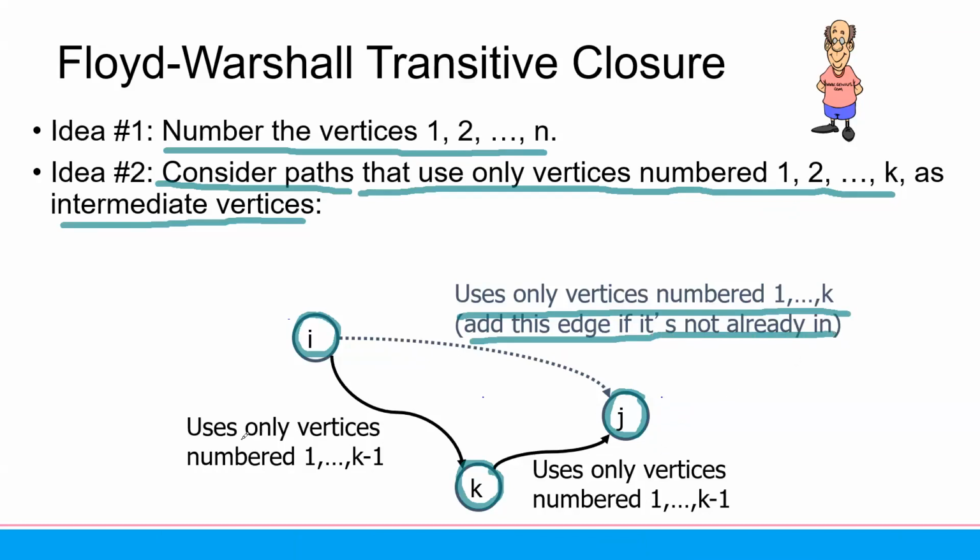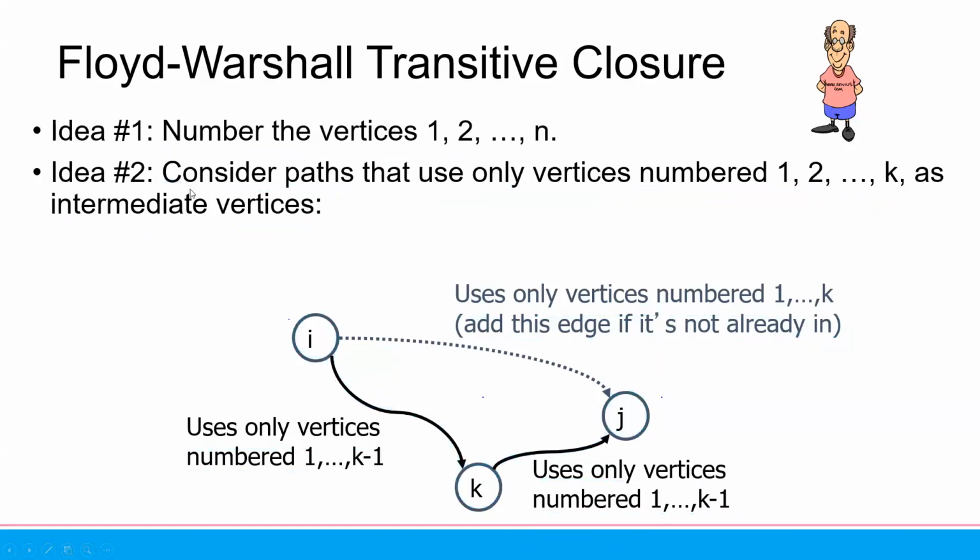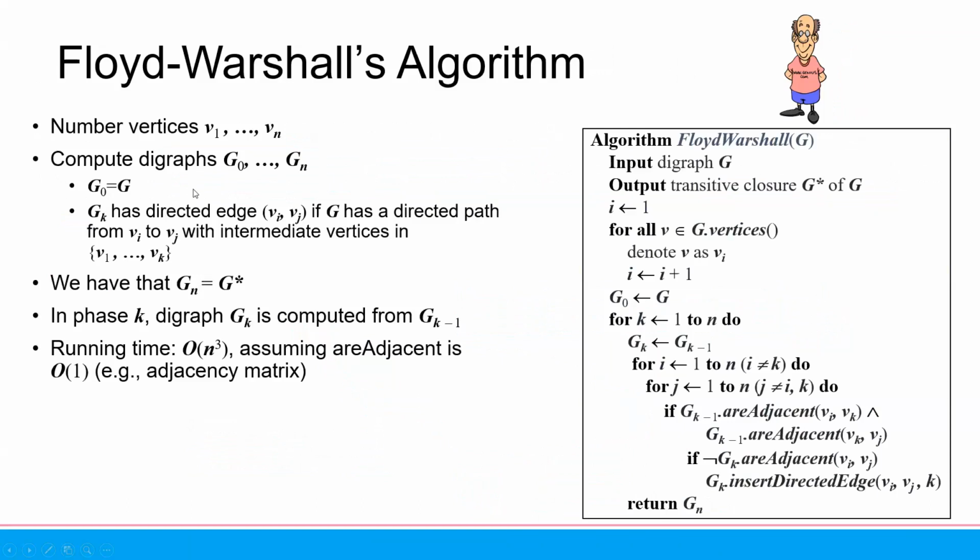So we can have only the vertices that will be available with k. In this i to k, we can use only vertices number 1 until k minus 1. And for this one also, we can use only vertices number 1 until k minus 1. Maybe the idea can be seen in the example.